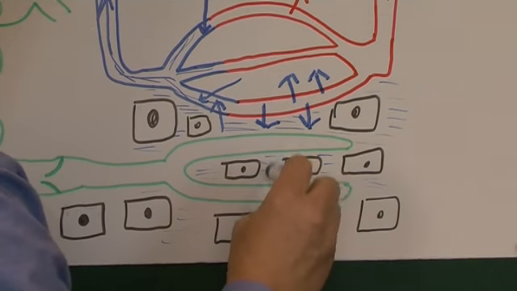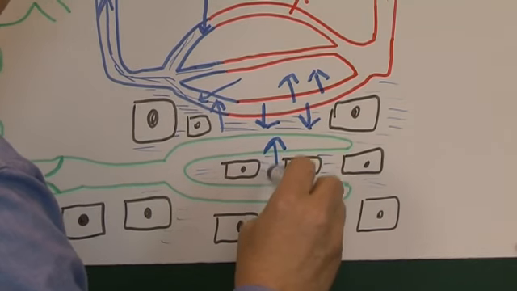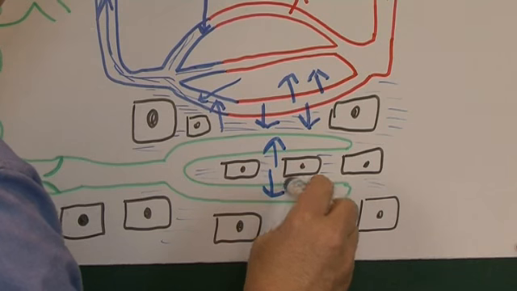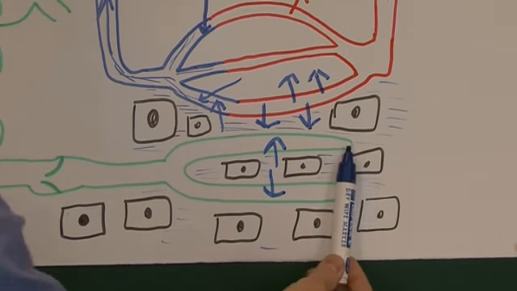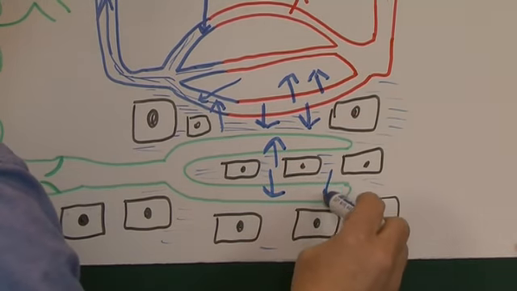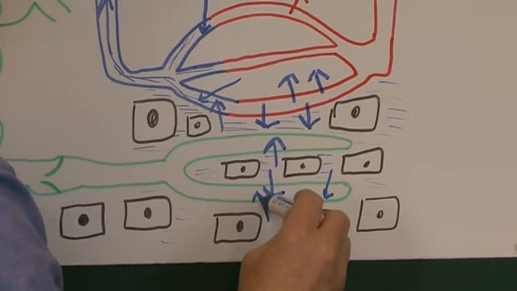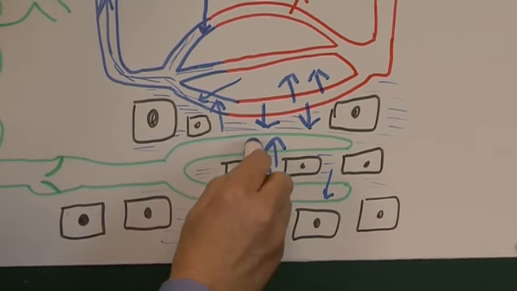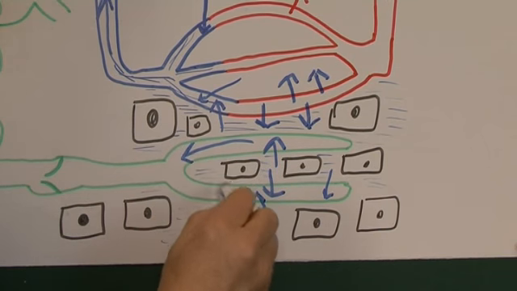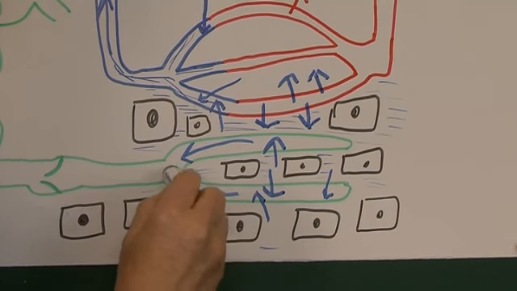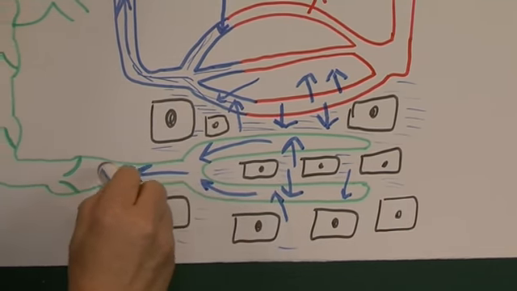They drain into the lymphatic capillaries here. Blind-ended lymphatic capillaries in the tissues. These contract to move the fluid away into progressively larger lymphatic vessels.